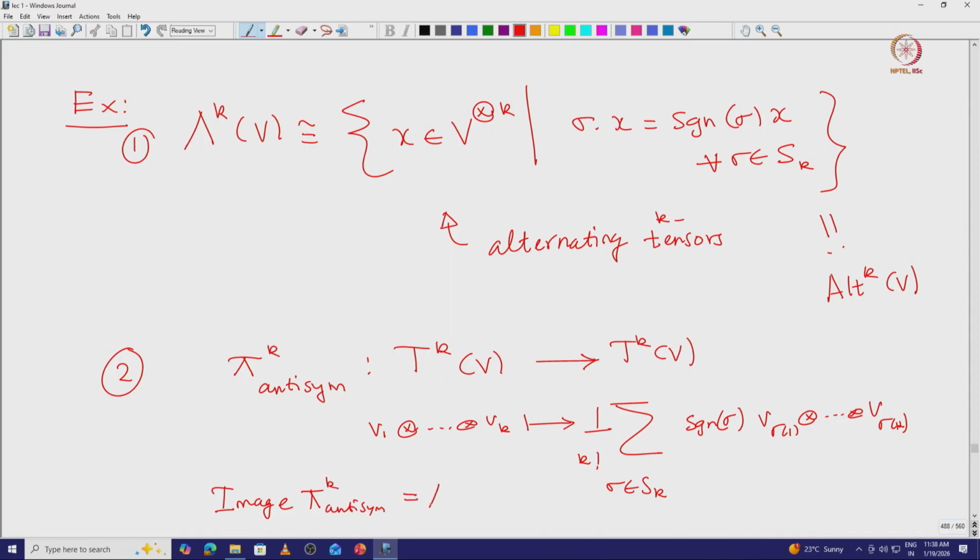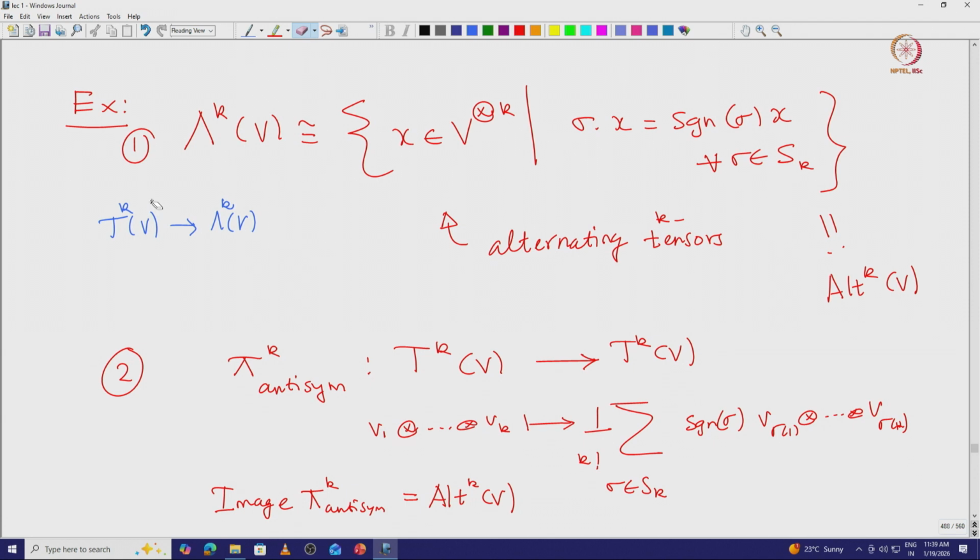It is not difficult to see that the image of this anti-symmetrization map is exactly the alternating k-fold tensors. These two give you two different definitions of the same exterior k product, or alternating k product. Indeed, note that you have this natural quotient map from T(V) to Lambda V, and you can restrict it to k.